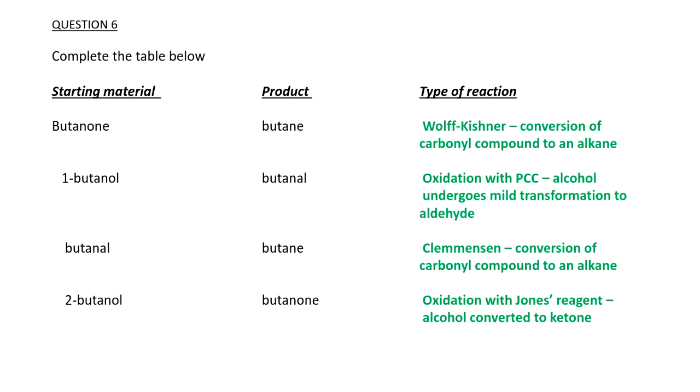So for butanone to butane, we use Wolff-Kishner. For 1-butanol to butanal, we use oxidation with PCC. Why couldn't we have used potassium permanganate or potassium dichromate to convert butanol to butanal? Anybody? Why couldn't we add potassium permanganate to convert 1-butanol to butanal? What would we have gotten instead, Shanae, if we had potassium permanganate? Very good. Wonderful.